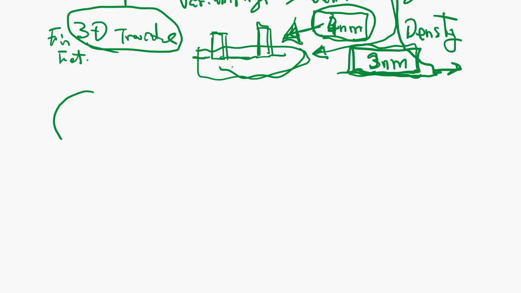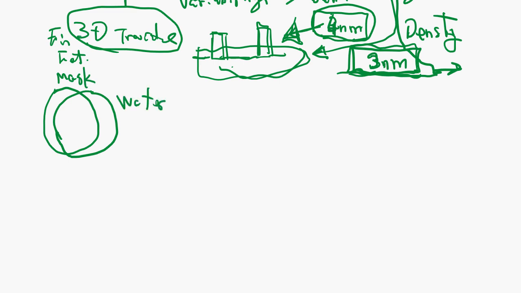Okay, now a long time ago there is a wafer and you expose light through a mask, and this is the wafer, and you expose light and you create basically silicon oxide.